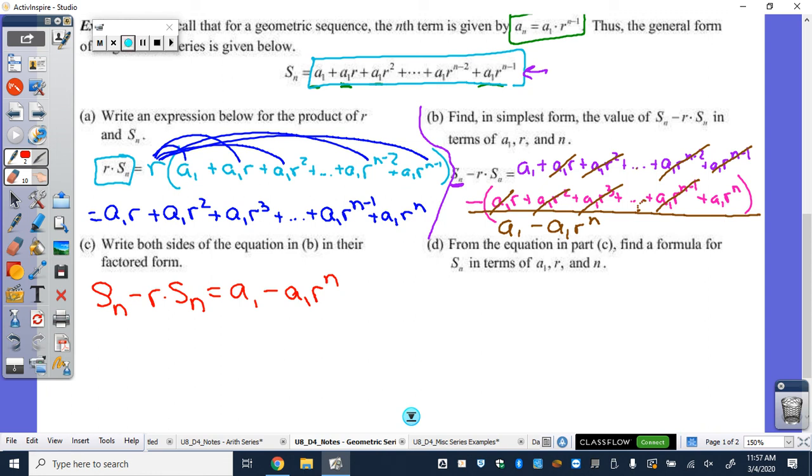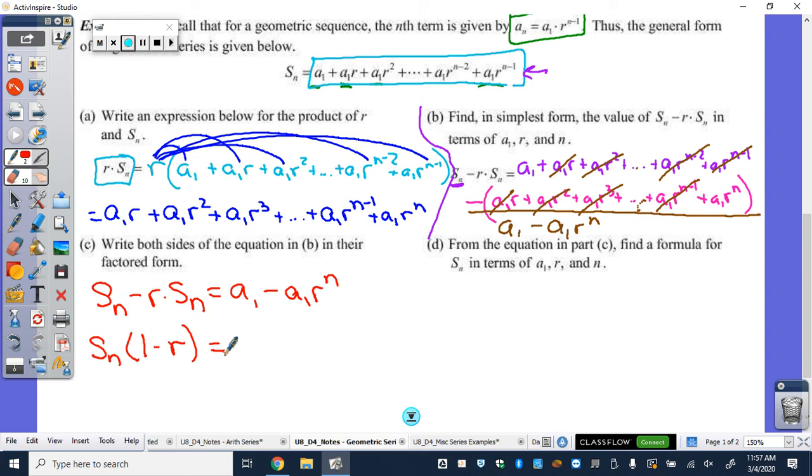So they want us to write both sides of the equation from part B in their factored form. So we have a GCF right here of what? S sub n. So if I factor that out, that gives me 1 minus r. What's our GCF on the right side?